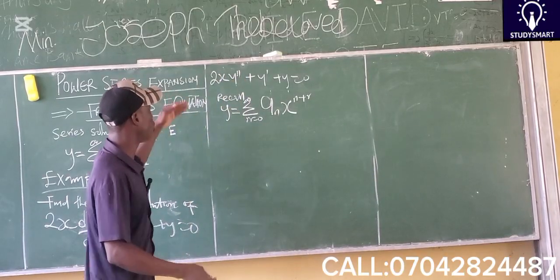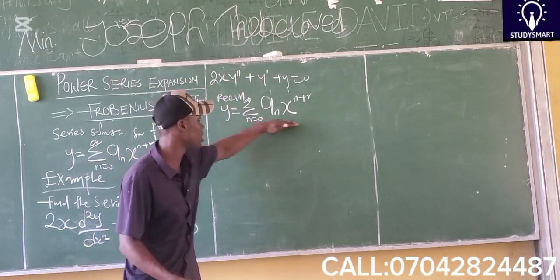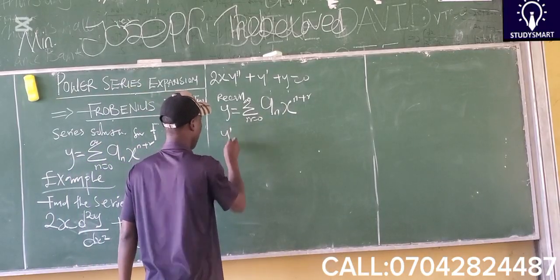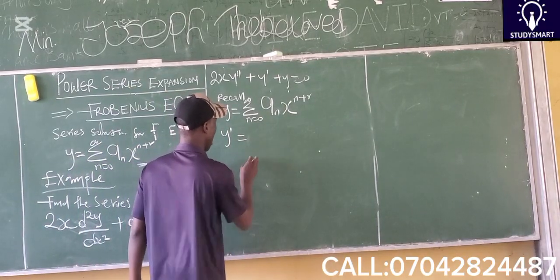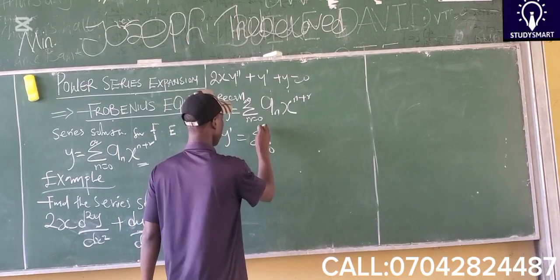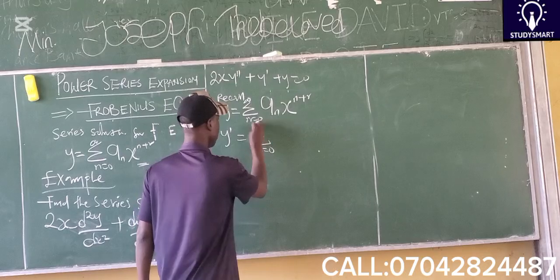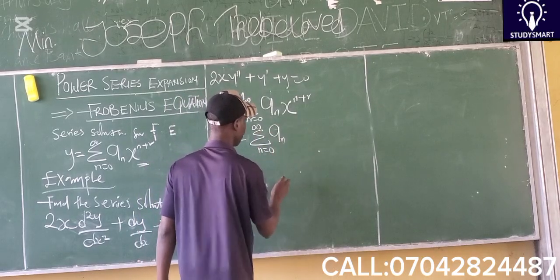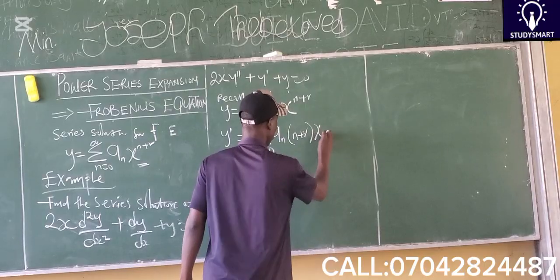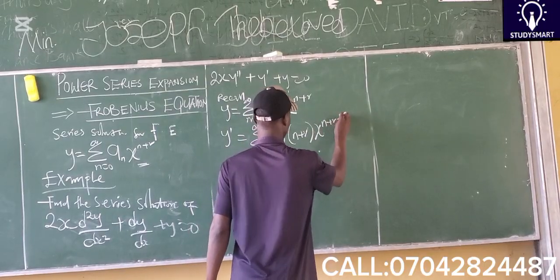Here the highest power of y is 2, so it means I'm going to differentiate this series solution 2 times. So I'm going to find y prime from here. I have the summation n equal to 0 to infinity of a n times n plus r, x to power n plus r minus 1.